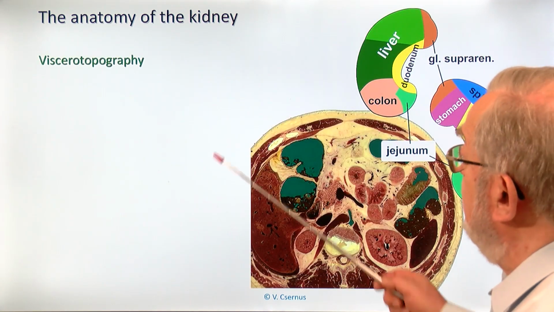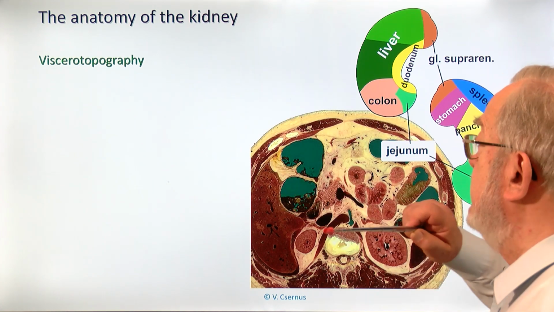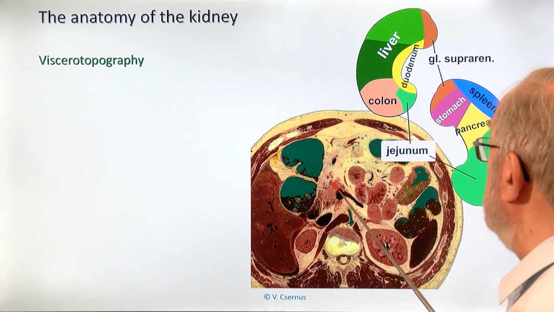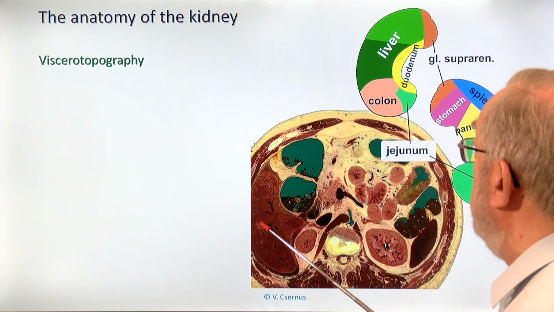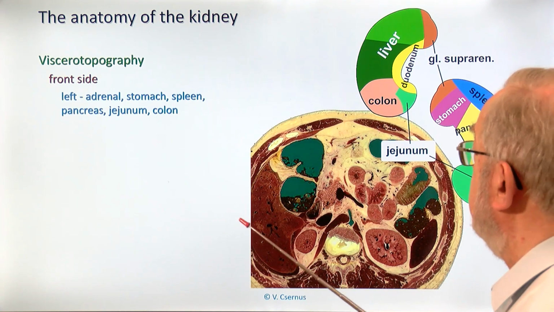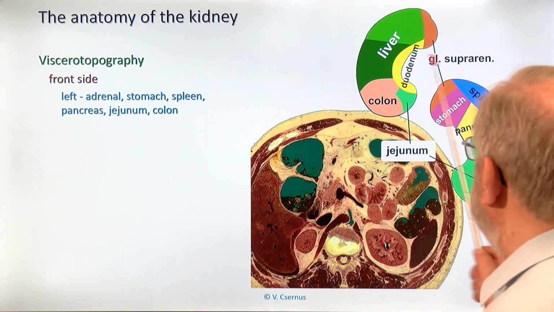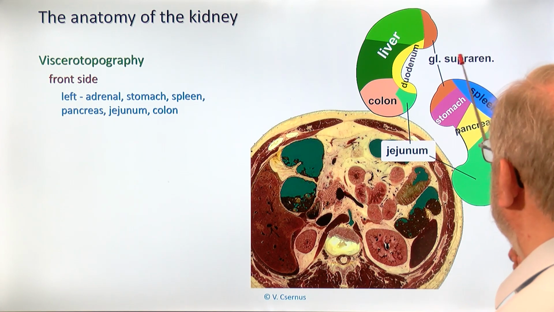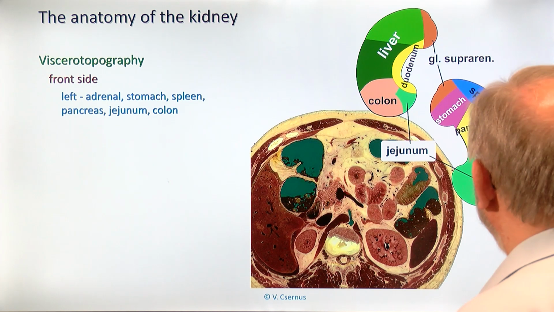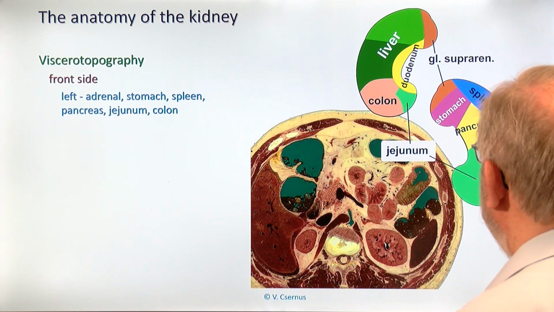With topography, this word means which other part of which other organ is in contact with the organ. This is relatively complicated, but you have to think about that. In the left kidney, this is a drawing of that. At the top, we have the adrenal gland. Here, it's in contact with the spleen.